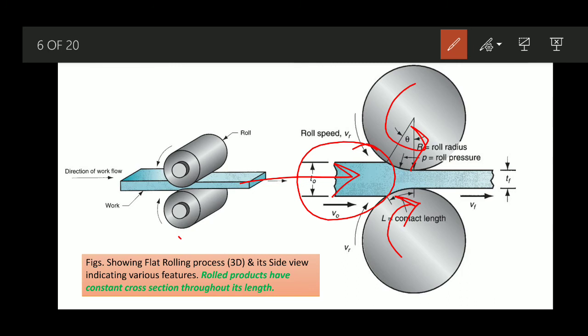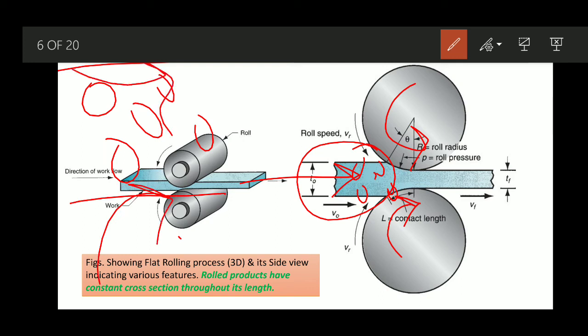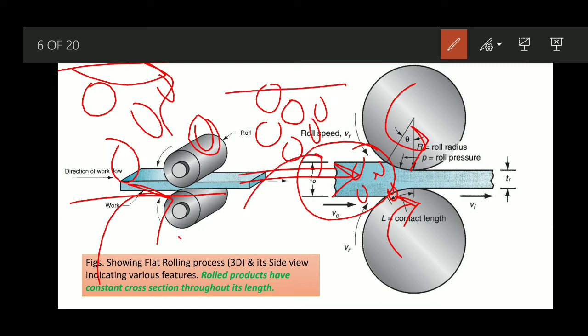In the initial passes, voids or cavities that were there between, say, different grains, will be eliminated as we apply the rolling pressure from here and here during the reduction of cross section. Because of that it will be closely packed and some volume will be lost. So in the very initial passes there might be some loss because of the filling up of voids and cavities in the ingot. Otherwise, after that, it is generally a constant volume process only.